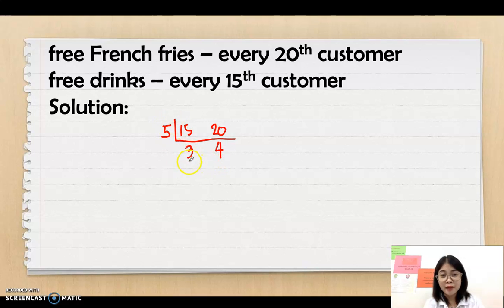So there is no common factor between 3 and 4, so you end there. And to find the LCM, step 2 is to multiply the prime divisors and also the last quotient.